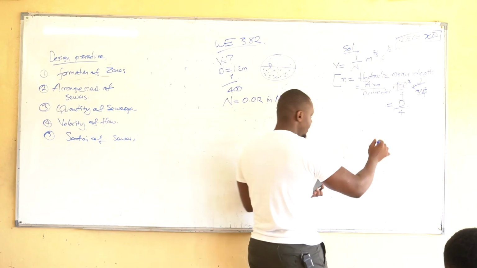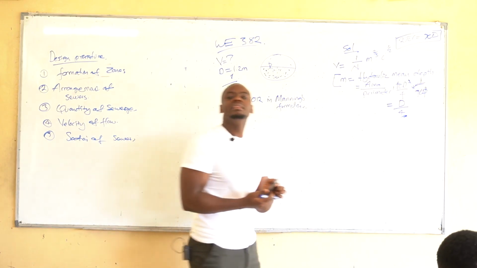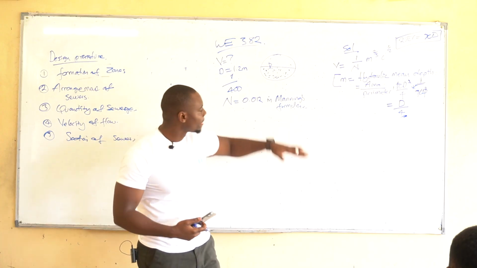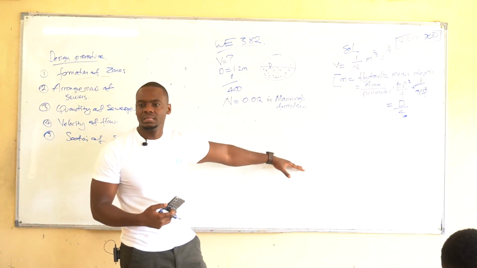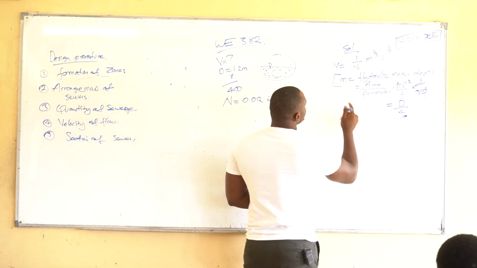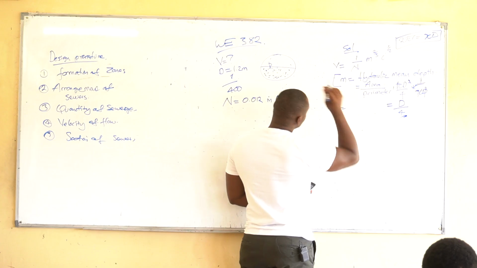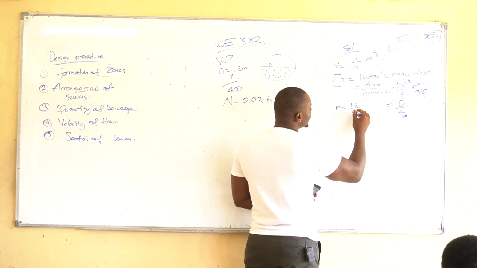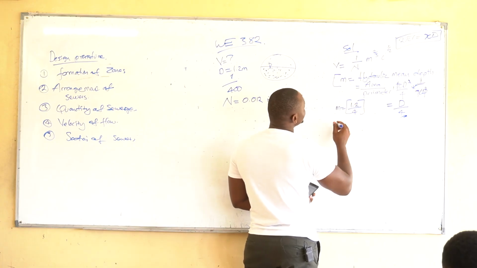So D over 4. Whenever a formula has an M, this is how you deal with it. So my M is equal to the diameter over 4. I can just leave it there.